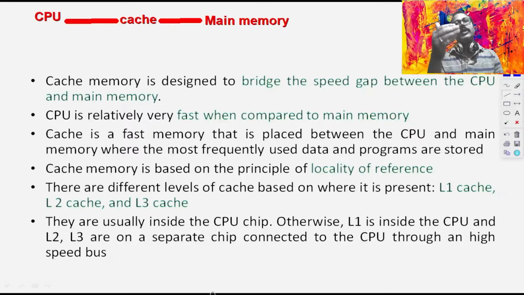That means suppose you are executing the program. So 1, 2, 3, 4, 5, like that program instructions are there. Suppose you are currently executing 2. Now what is the next instruction you are going to execute? Probably in most of the cases it will be 3. So that is locality of reference. Whenever you go to a particular memory location, the next memory location that will be accessed will be very close to it. So that is cache memory.